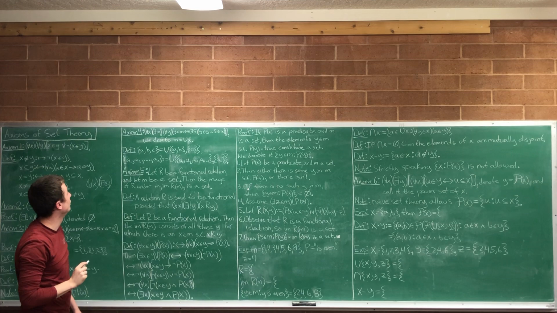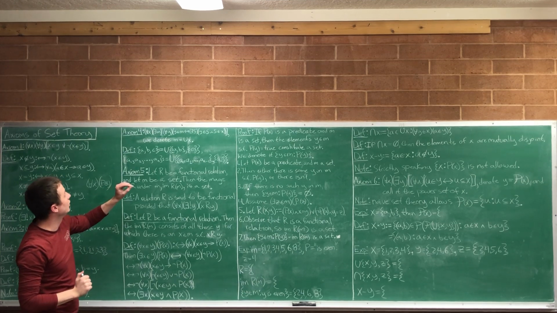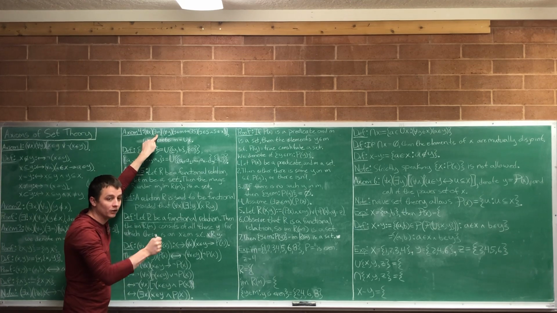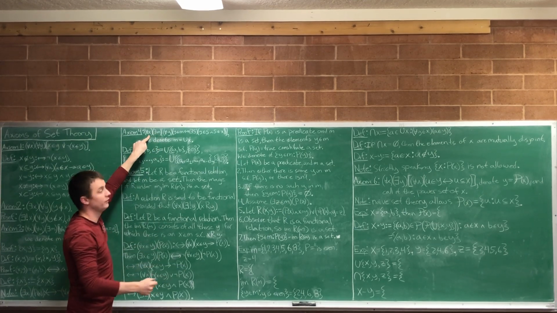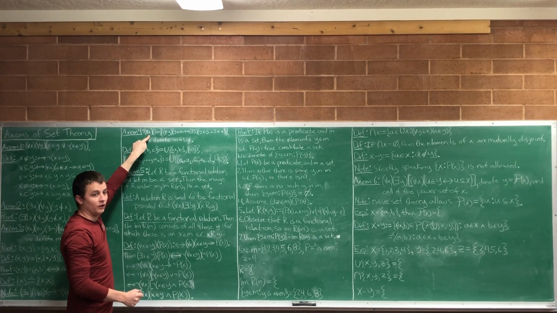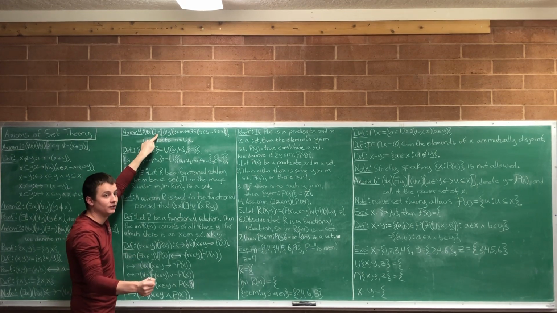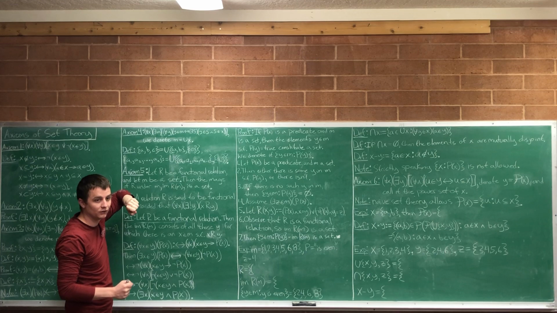Another way to say it intuitively, what are the elements of M? The elements of M are the elements of the elements of X. Something is in M if and only if there's a set in X that contains it.